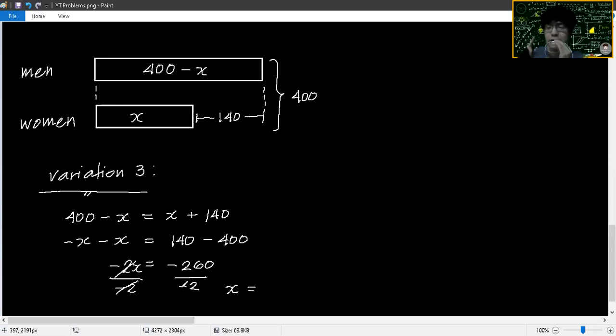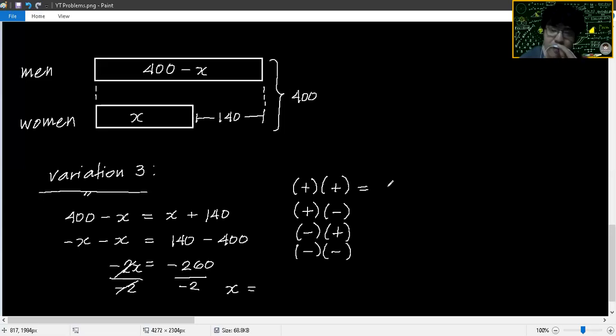Don't forget this kind of technique. Negative divided by negative is positive. Why? It's just like this. In multiplication and division, we may represent positive as love and negative as hate. I love love. What do you want? Of course, love. That's why it is positive. I love hate, therefore it is hate. I hate love.